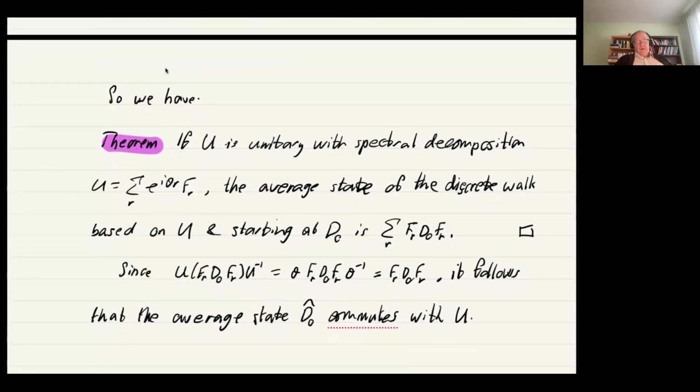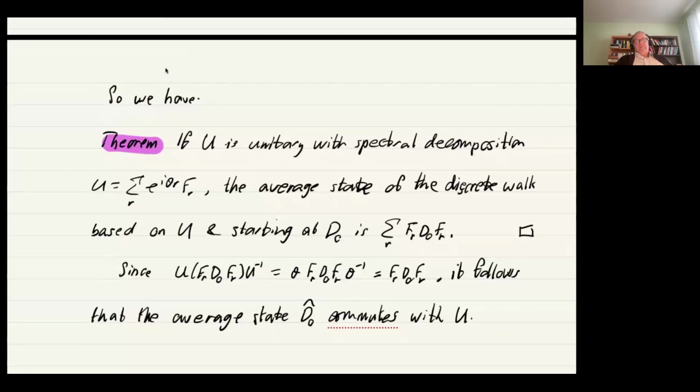Another remark is that U applied to F_r is going to be e to the i theta r times F_r, because E sub r is the projection on the eigenspace. And so if we take U applied to the average state, we get a theta in front and a theta minus behind, and so we get this. So it follows that the average state, D hat, commutes with U.